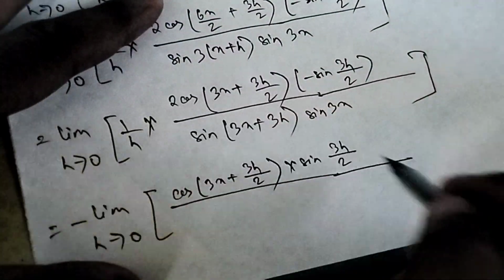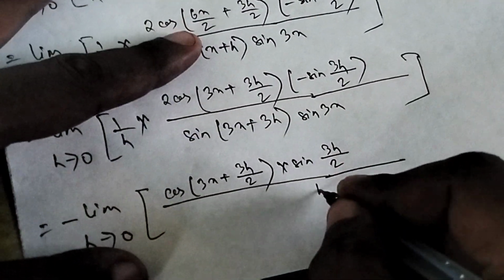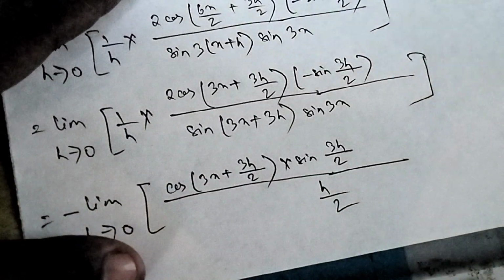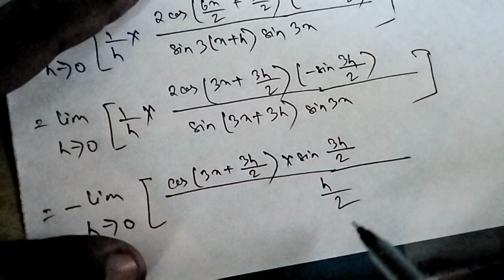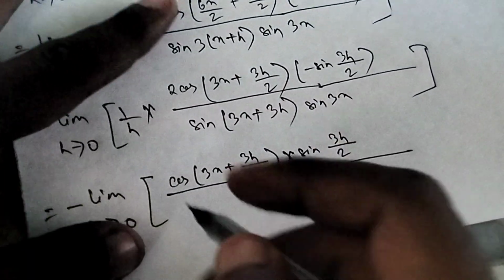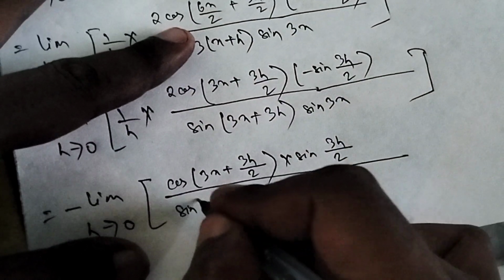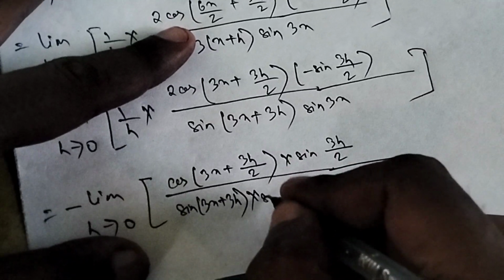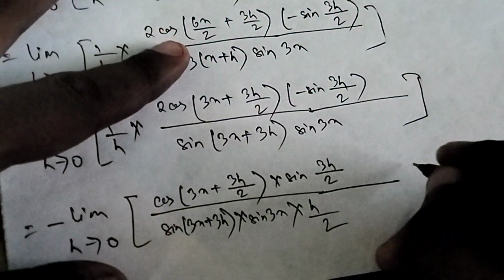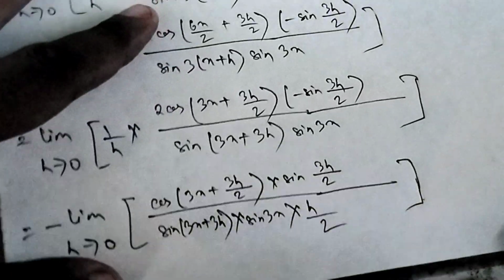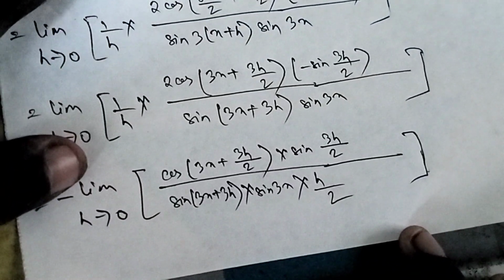Now these two I can write as h by 2, since h was already in the denominator, so 2 I can write in this way, h by 2. And in the denominator sine (3x plus 3h) into sine 3x into h by 2. Clear?